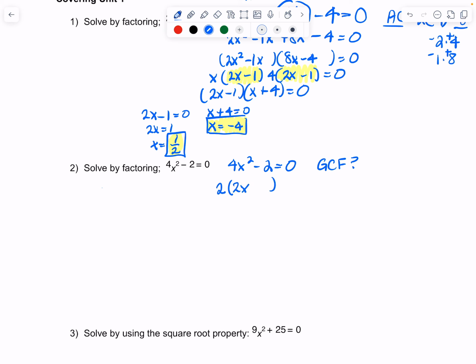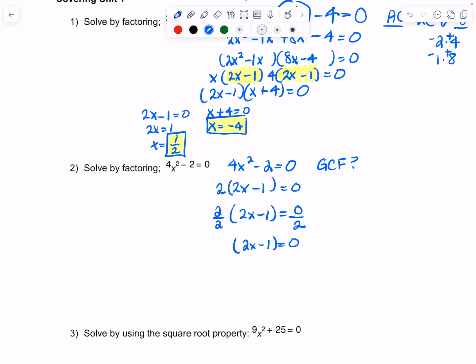And then -2 divided by 2 is -1. Okay, since that 2 does not have an x with it, I can divide it off. And by the way, you can only do this with a constant. If it has an x in it, you can't do this, okay? So I divided it off, and I'm left with 2x minus 1 equals 0.